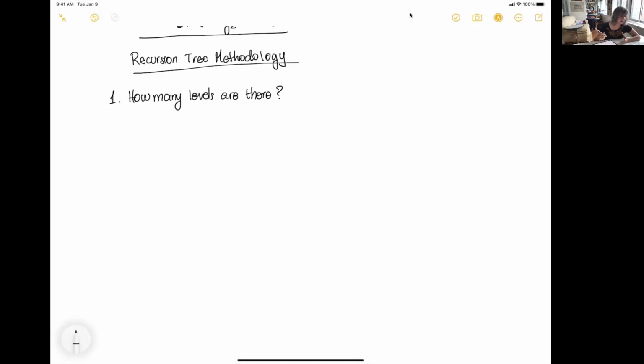If we have a recursion that says, for example, T(n) equals an integer a times T(n divided by b) plus another thing, which might be a function of n, then we are dividing by b all the time. So we will assume that n is of the form b to the power of L, and we need to determine how many levels there are going to be.